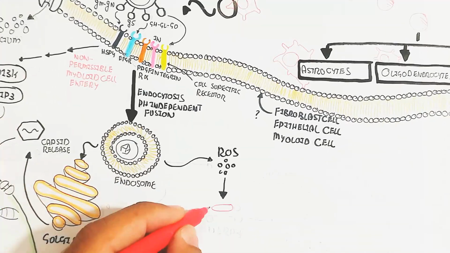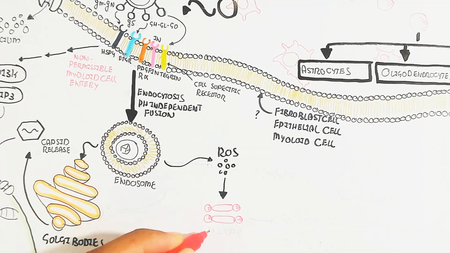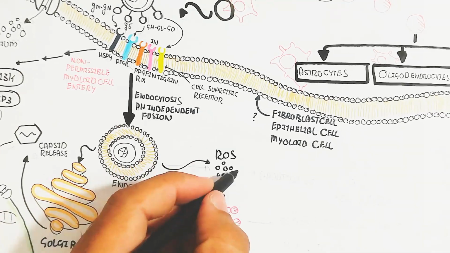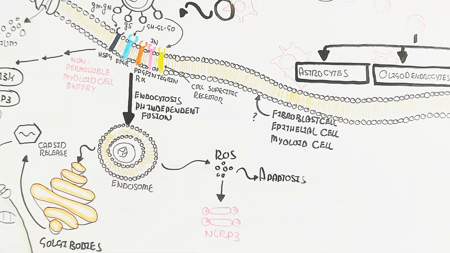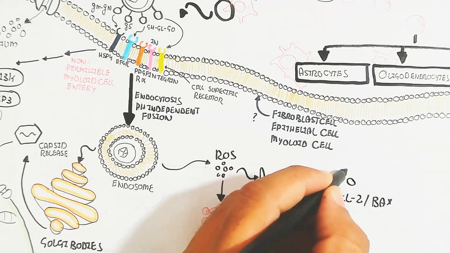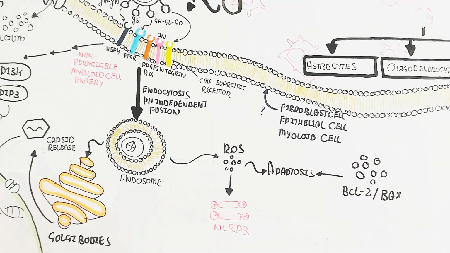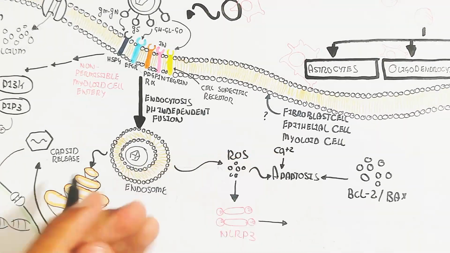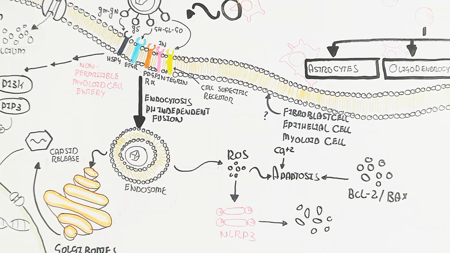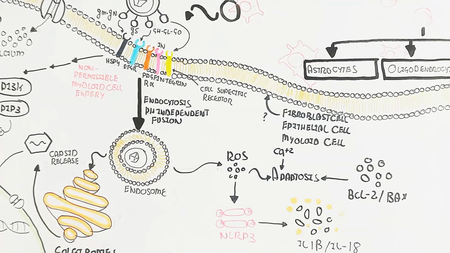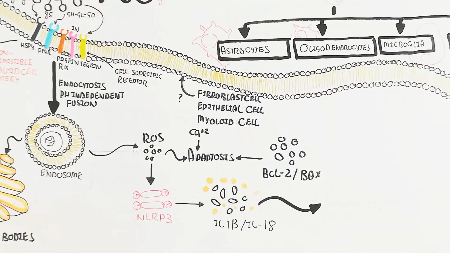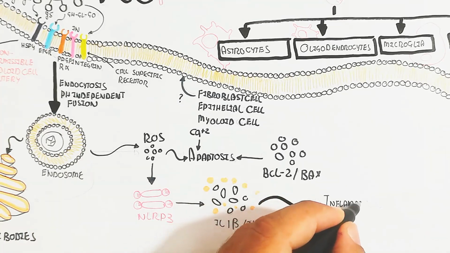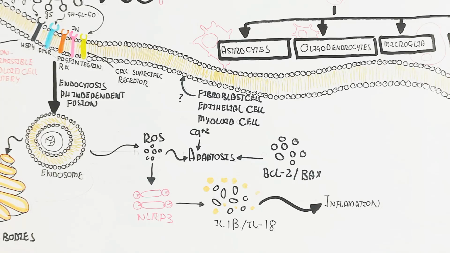The endosome also increases reactive oxygen species, which activates the NLRP3 receptor, leading to production of interleukin 1 beta and interleukin 18. BCL2 and BAX proteins cause apoptosis, as do reactive oxygen species and calcium. Remember, these things are important. Interleukin 1 beta and interleukin 18 cause inflammation, and that inflammation leads to brain injury.